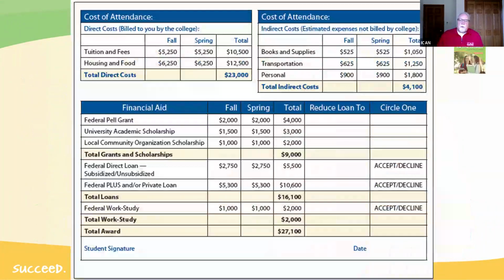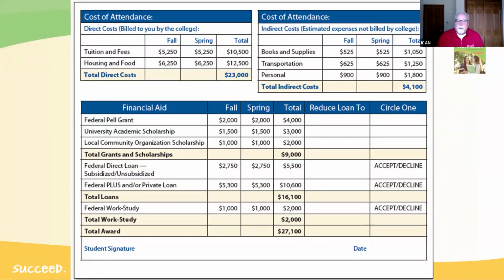So here's an example of a financial aid offer. And this is an actual example of a financial aid offer. And this would be in that booklet that you have as well, found on page 29. But every financial aid offer can look a little bit different. Unfortunately, there's no standard format. But notice in this one, it has the cost of attendance across the top. And on the left, it says direct costs.